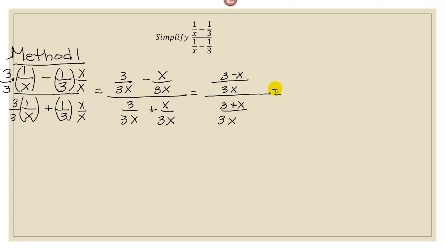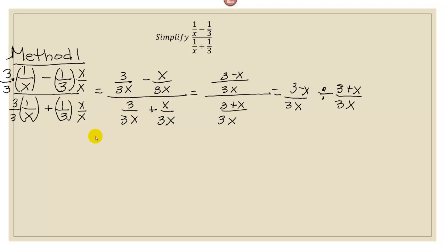Since we now have a single fraction over another single fraction, we could treat the large division bar as a division. So in other words, we have 3 minus x over 3x divided by 3 plus x over 3x. But instead of looking at this as division, we can just treat this as a multiplication of the reciprocal. So we just need to flip over this last one and change the division to a multiplication.